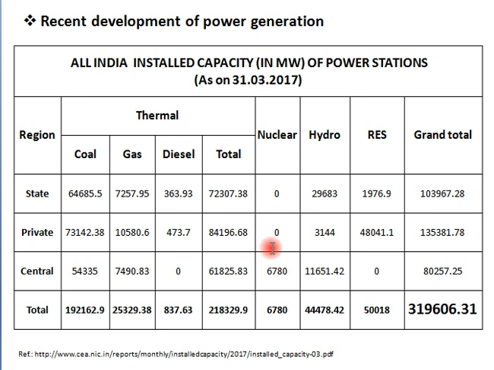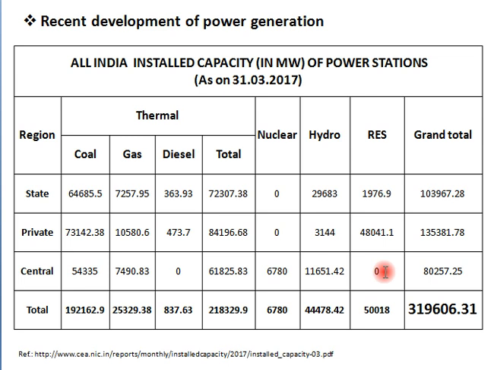Similarly, electricity produced by nuclear power plants is 6780. For hydro energy, the total is 4478.42, and renewable energy sources produce 50,018 megawatt, which is produced by the state and private sector.